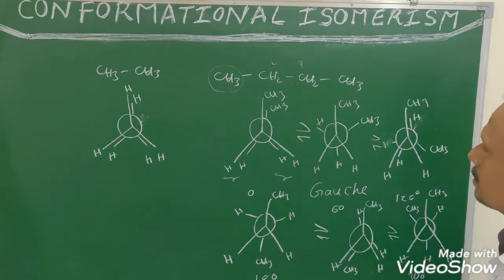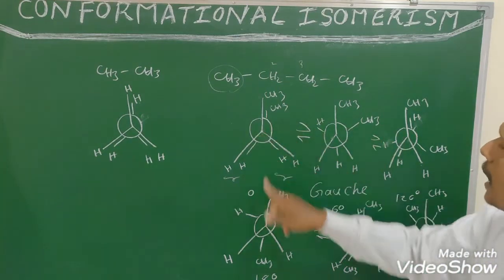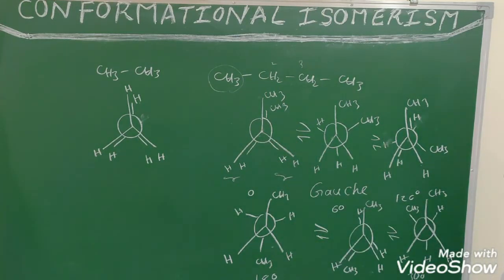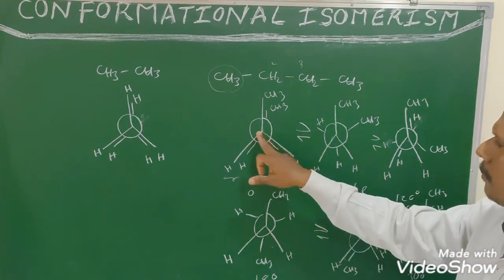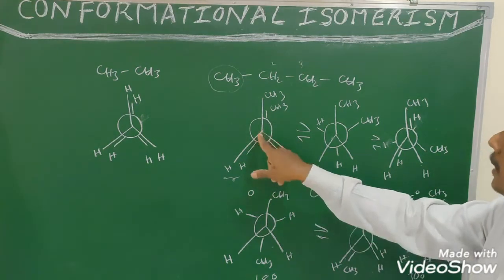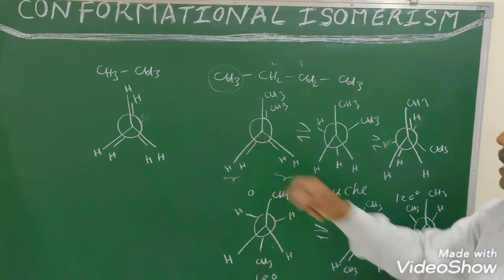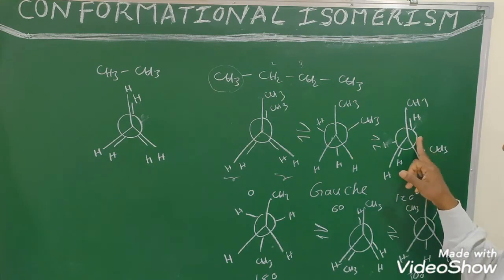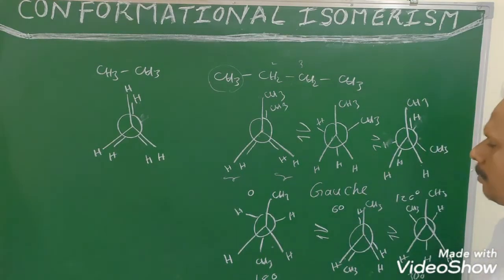Again, repetition occurs. Among these 4 conformations, that means if you take 1 mole of butane, the molecules of butane exist basically in 4 main conformations. They are fully eclipsed, Gauche, partially eclipsed, and anti. Which is more stable?